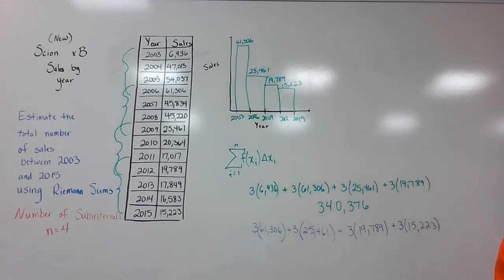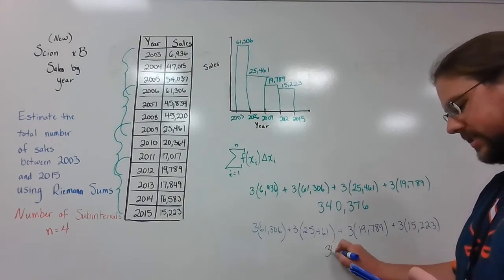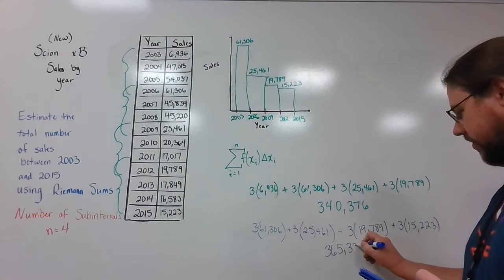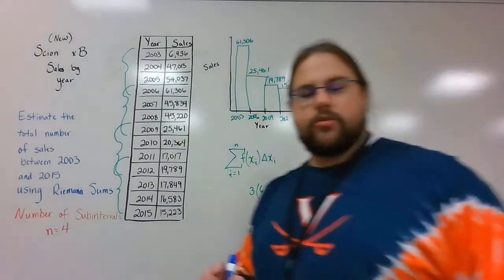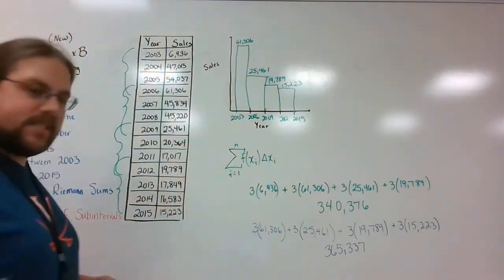Again, go into my handy dandy little calculator. 3 times 61,306, plus 3 times 25,461, plus 3 times 19,789, plus 3 times 15,223 gives me a whopping 365,337. Now, sadly, knowing the real truth, that is also an underestimate.